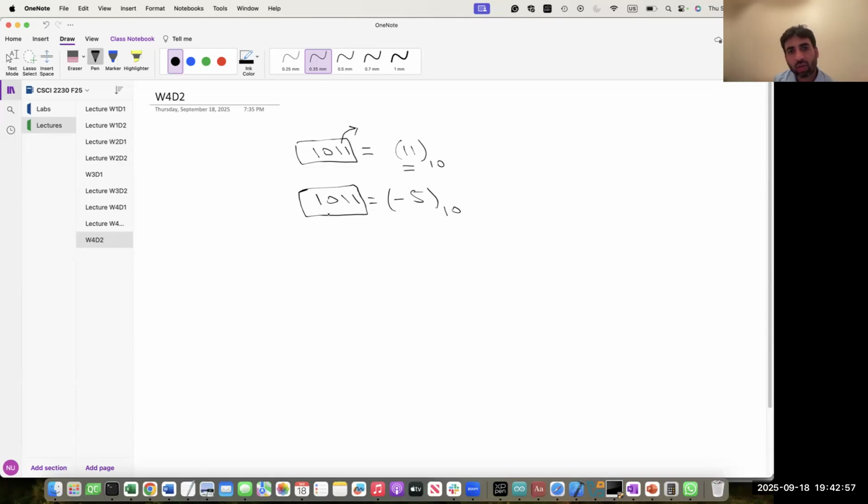But if I interpret this bit pattern as a signed number, then the value is -5. Remember that if I decide to interpret a bit pattern as a signed number, then the most significant bit has a negative weight. So it will be -8 plus 2 plus 1, which is equal to -5, right?